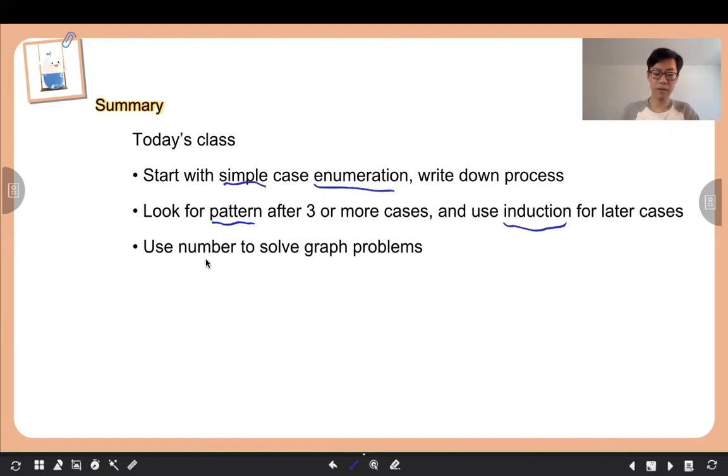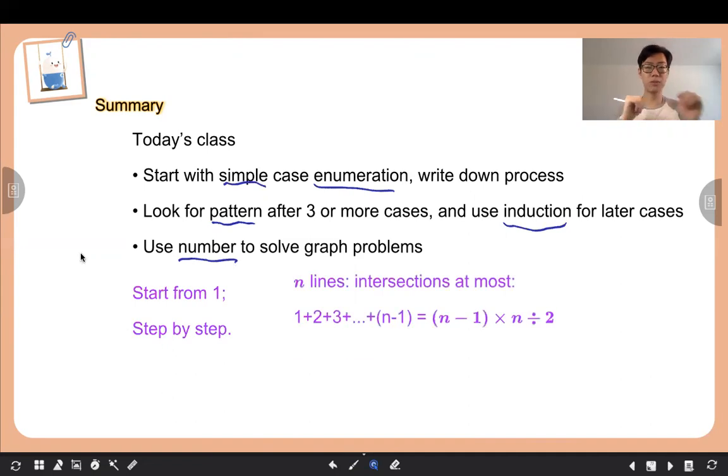And what we learned also today is that these questions we just experienced have something to do with graphs, like cutting pizza, the planes. But actually, what we used to solve it is just simple numbers. That's what we should learn today. Start from the first step and then go step by step to the end.